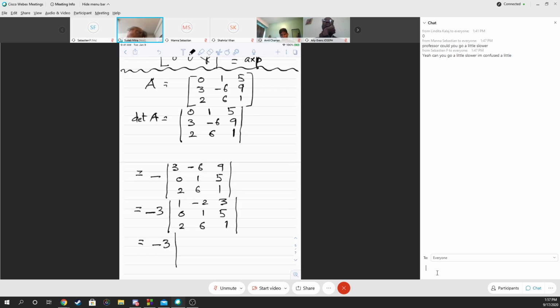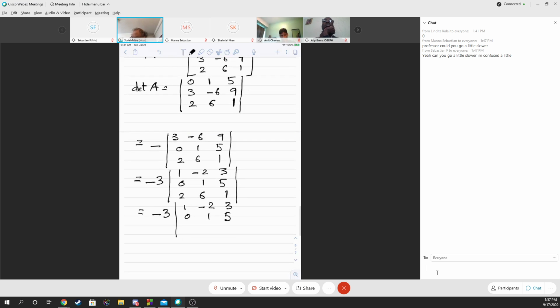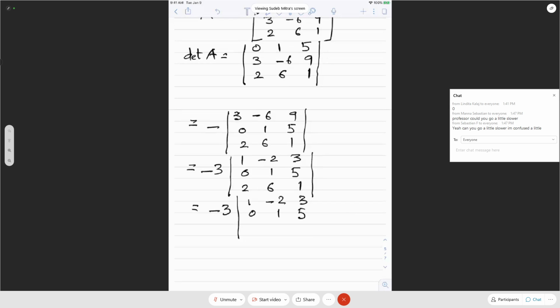So this remains as it is. This remains as it is. We multiply the first row by minus 2, add it to the third row. 0, minus 2 times minus 2, 4 plus 6, 10.